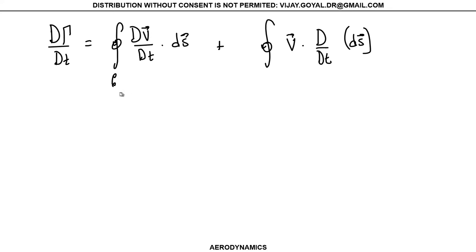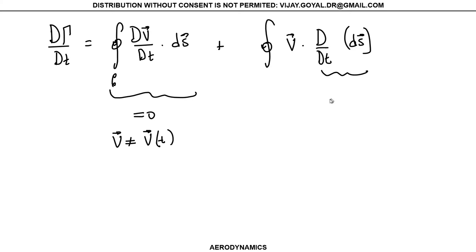Now this term is equal to 0 because velocity does not depend on time. It's independent of time. So the only thing left in my problem is this term.